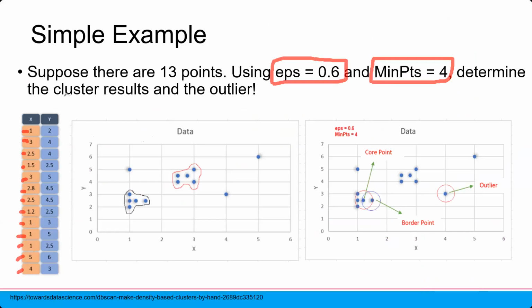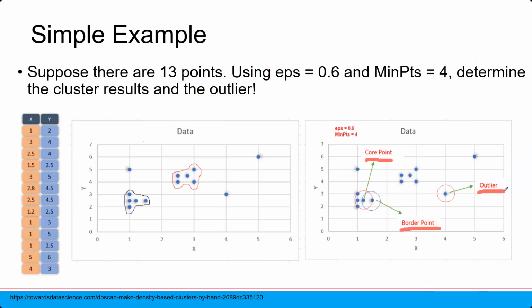Determine the cluster results and the outliers. At the end, we need to have the clusters, determine where the core points are, where the possible border points are, and where the outliers are. So finally we will get this result. How can we get this result?